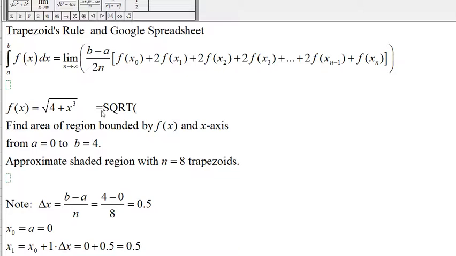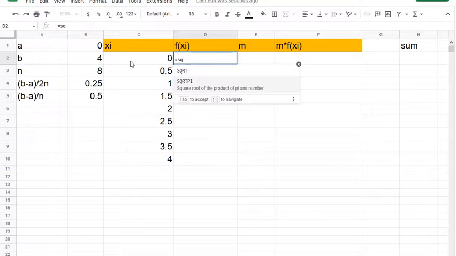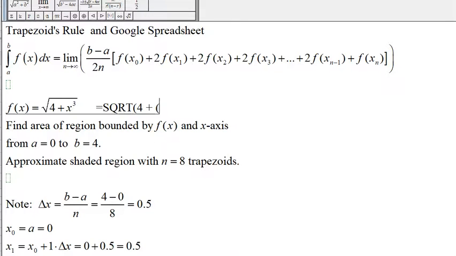And so to input the function, we would type in equal, and then SQRT for square root. And then we would do 4, and then plus, and then x sub i. The first x sub i is in cell C2, so we would put C2 right here, and then hat 3, and then close parentheses. And this will give us the square root of 4 plus x sub i to the third.